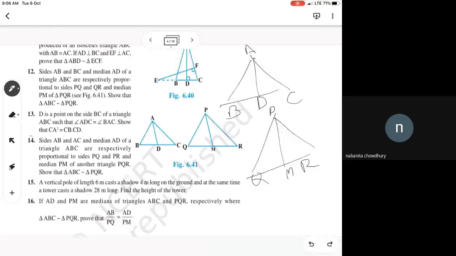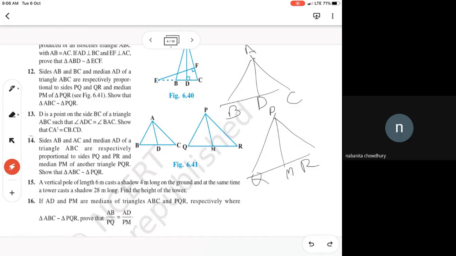It is given that triangle ABC and triangle PQR are similar. So you can say that AB by PQ is equal to AC by PR is equal to BC by QR. And what is asked is to prove AB by PQ equal to AD by PM.